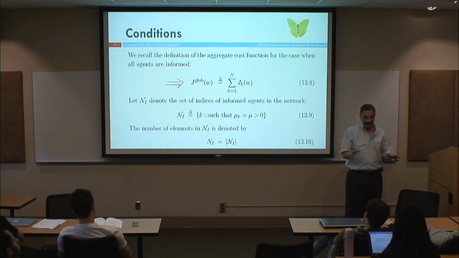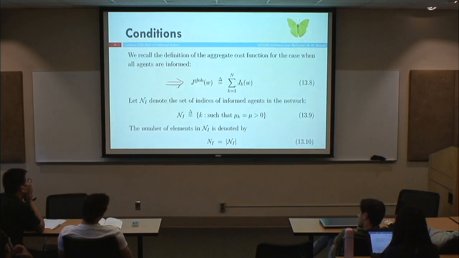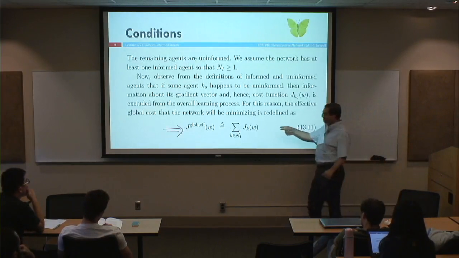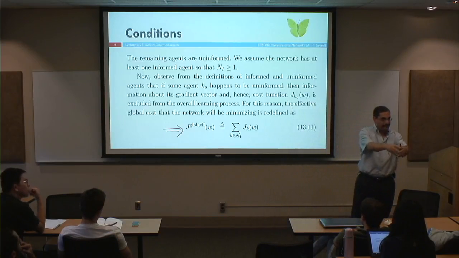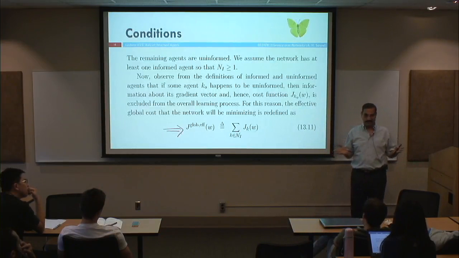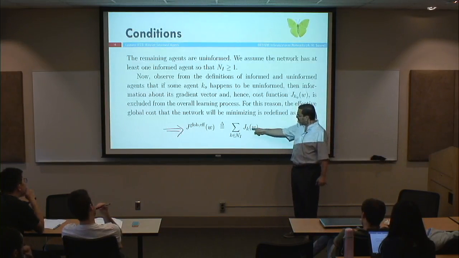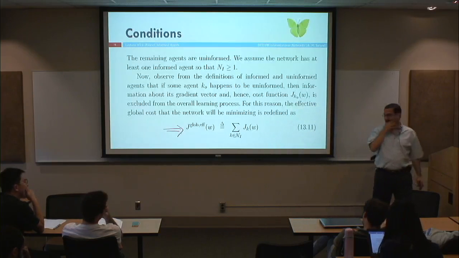So when you have informed and uninformed agents, what your network is doing is minimizing this effective cost, which is the sum of the J's over the informed agents. That's what's happening, because the network is only using the gradient information from these agents.